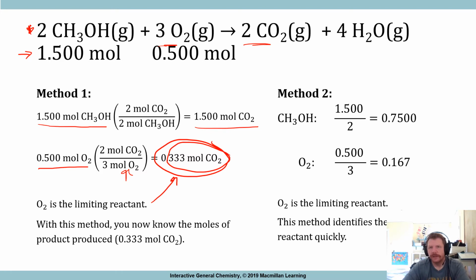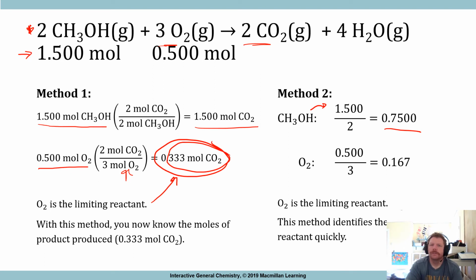The next method, you take the number of moles that you are provided with. So reactant number 1 is CH3OH. You say 1.5 divided by the number of moles of that in the balanced chemical reaction, and you get a ratio of 0.75.